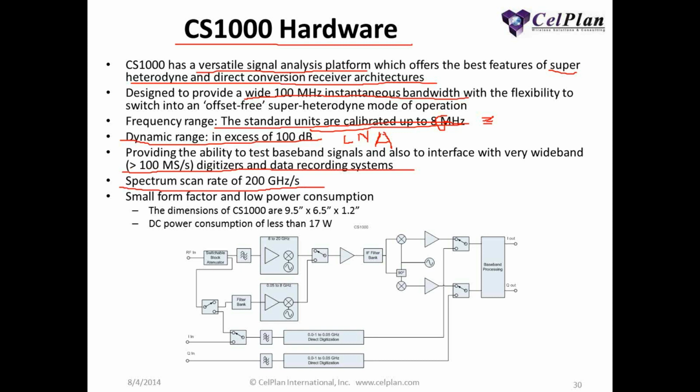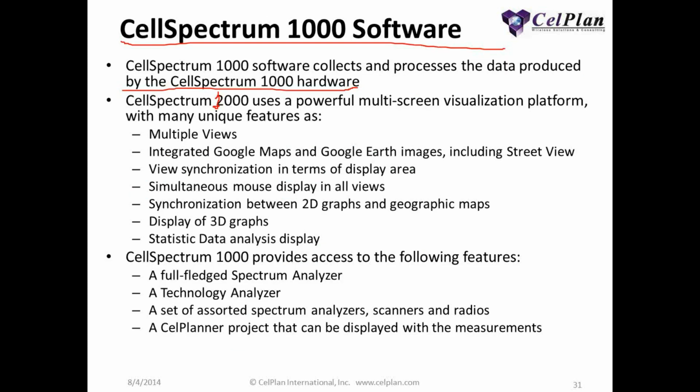Then we have the software, and basically what the software does is collect and process the data produced by the CellSpectrum 1000 hardware. This should be 1000, not 2000. We have an unbelievably powerful multi-screen visualization platform.